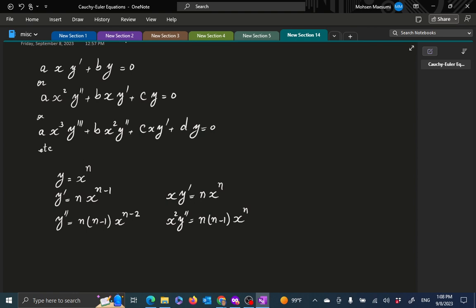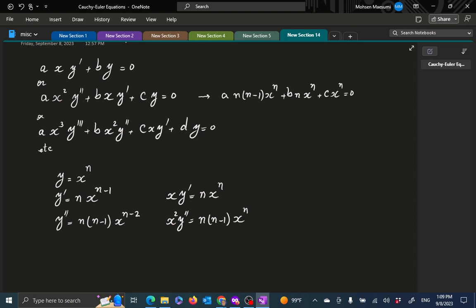We can factor it and see what is left, and perhaps we can manage the problem in that way. So for example, let's take this problem that we are going to look at extensively. I have a times x squared times y double prime, which is going to be a times n times n minus 1 times x to the power of n, and b times x y prime, which is going to be b n x to the power of n, and this is just plain c x to the power of n.